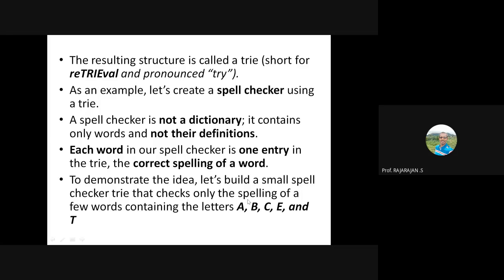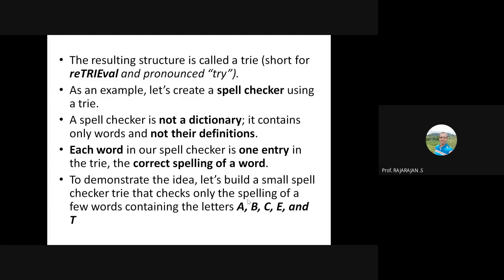In your exam you may be asked to construct a trie. What kind of question should you expect in this particular topic? You may be asked a question saying that, assume that these letters are included in the dictionary or the spell checker, and these words have to be included in that particular trie structure.